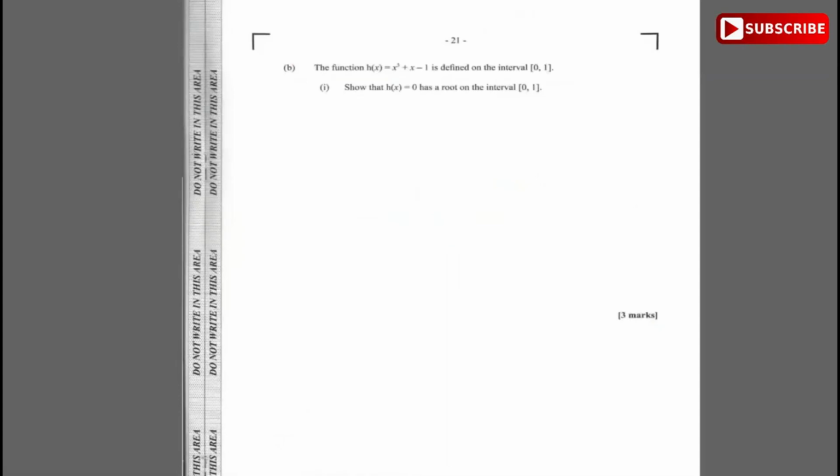Part B says h of x is defined as x cubed plus x minus 1 and is defined on the interval 0, 1. Show that h of x has a root on this interval. So first thing, we'll start by finding h of 0.